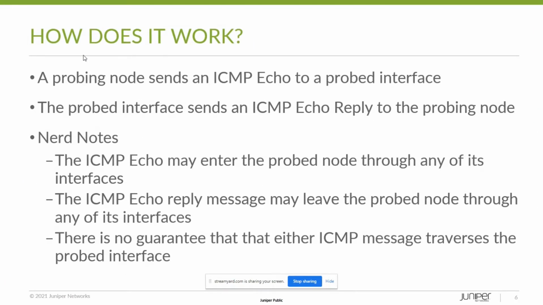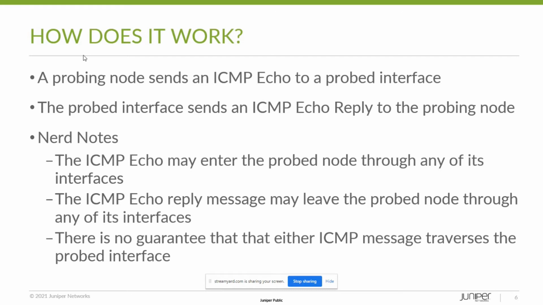So how exactly does this ping animal work? Well, the probing node sends an ICMP echo message to a probed interface. The probed interface sends an ICMP echo reply back to the probing node. Now, a few nerd notes. The ICMP echo message may enter the probed node through any of its interfaces. There's no guarantee that it enters through the probed interface.